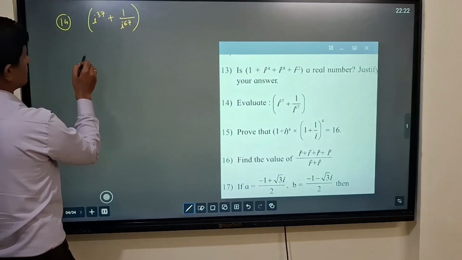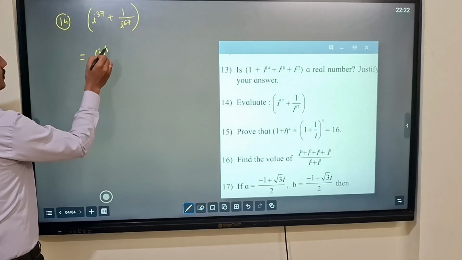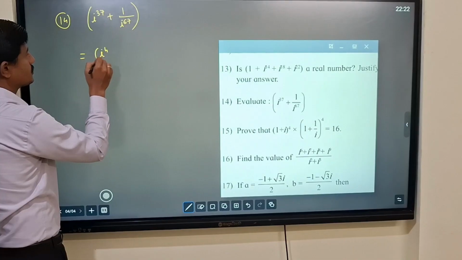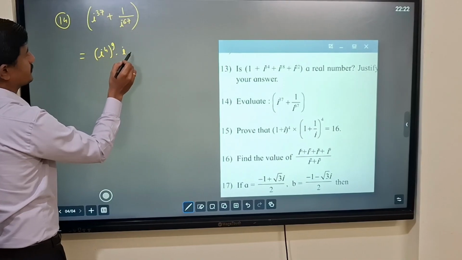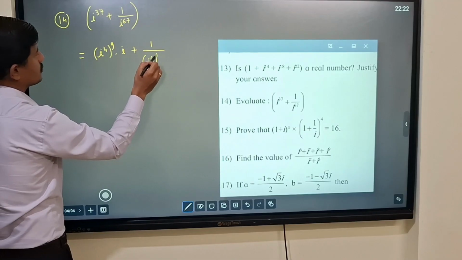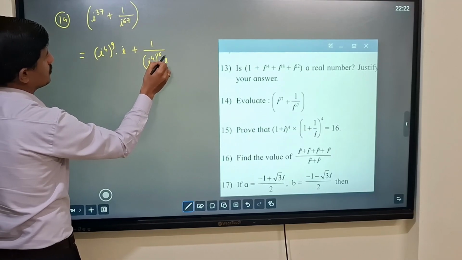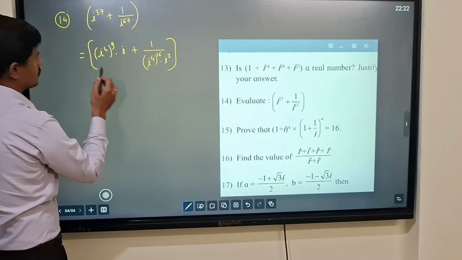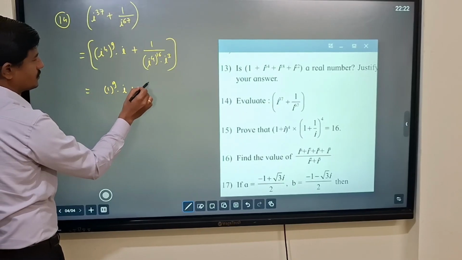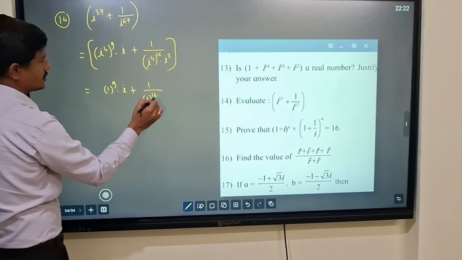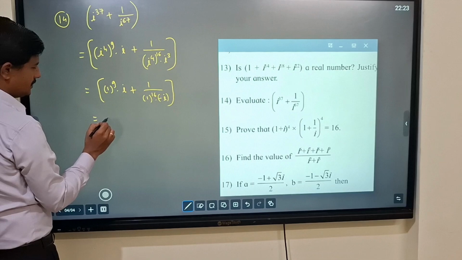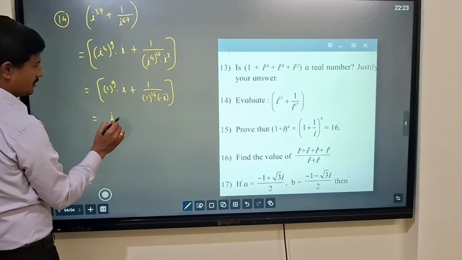So this is i raised to 4 raised to 9 into i, plus 1 upon i raised to 4 into 16 into i cube. So i raised to 4 is 1, 1 raised to 9 into i, plus 1 upon 1 raised to 16 into minus i. So this is simply 1, so this becomes i.